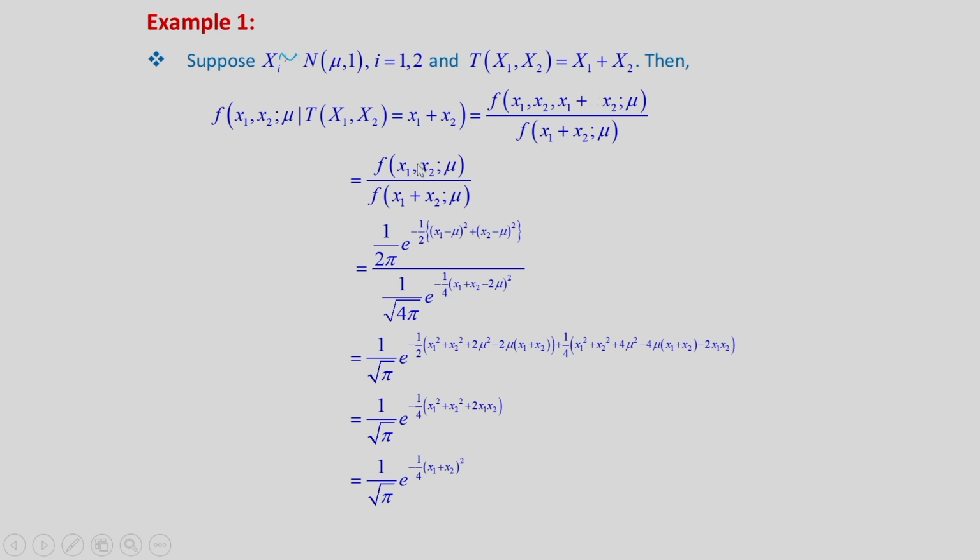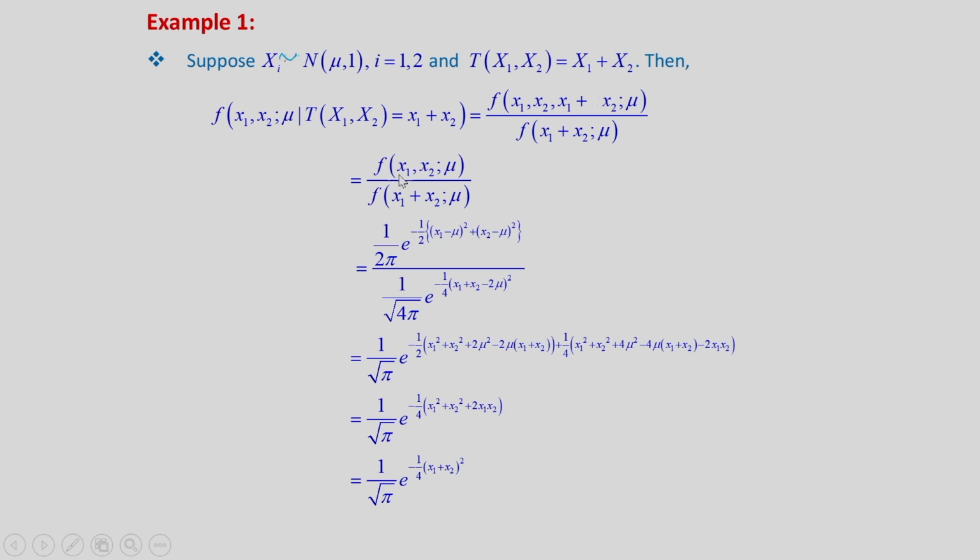Now, the same can be written as f of x1, x2 as a function of mu divided by f of x1 plus x2 as a function of mu, because x1 plus x2 is a function of x1, x2. Therefore, the joint PDF will be the same as the PDF of x1, x2.